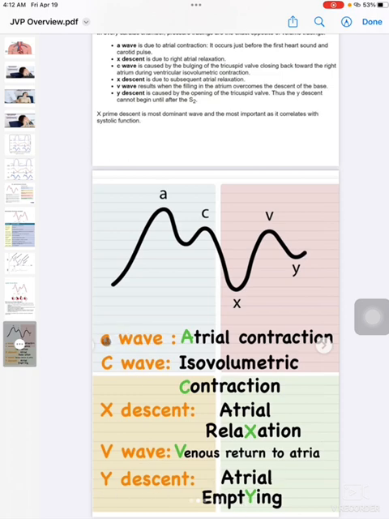The mnemonics are here: A, A; C, C; X, X; V, V; and Y, Y. If we follow these mnemonics, I think in the exam hall it will be very easy for you to prepare about the jugular venous pressure.